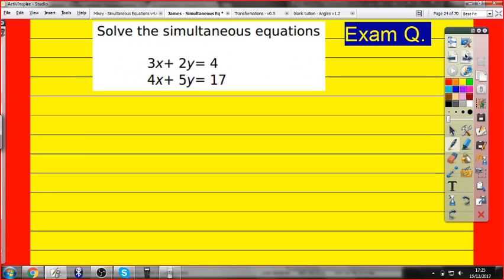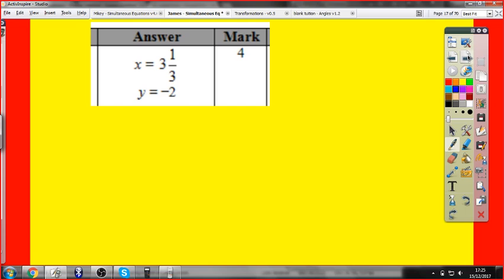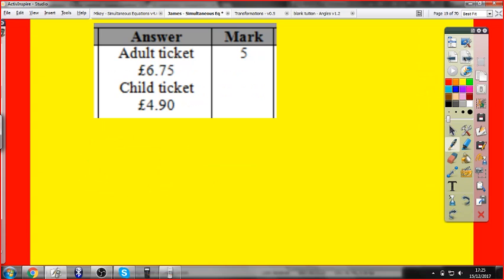And these are all very similar. What I noticed by going through all of the past exam questions, there's only 2 types. One type is you multiply by 3, you multiply by 2, which we did. The other type is you multiply by 3, multiply by 4. And you can multiply by other things.